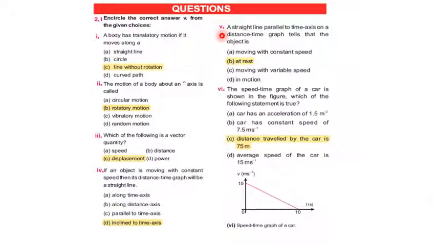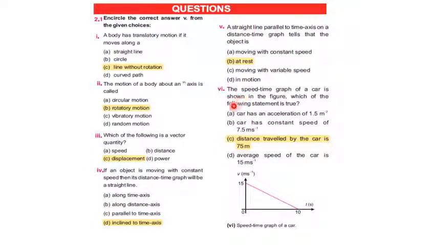A straight line parallel to the time axis on a distance time graph tells that the object is A. moving with constant speed, B. at rest, C. moving with variable speed, D. in motion. B is the correct answer because in the graph when the body is at rest it is not changing its position, so the distance has a straight line.